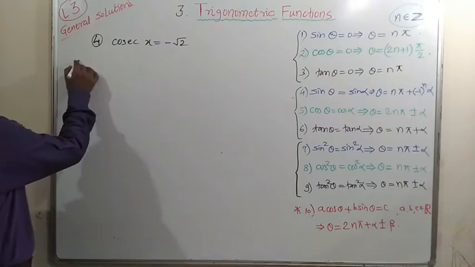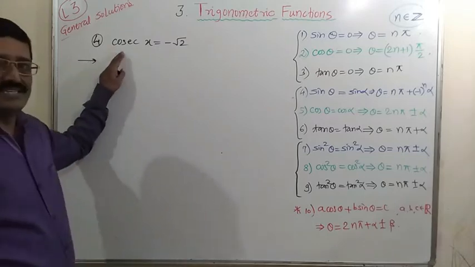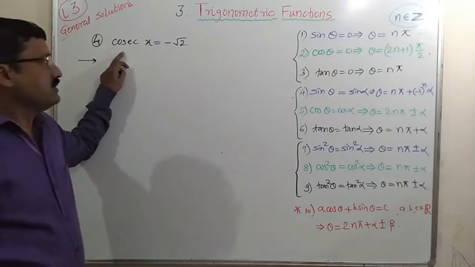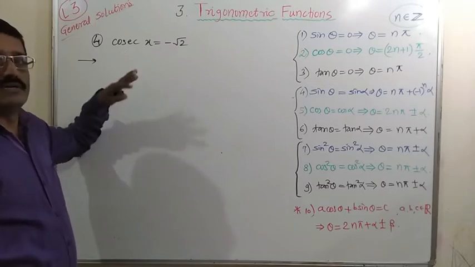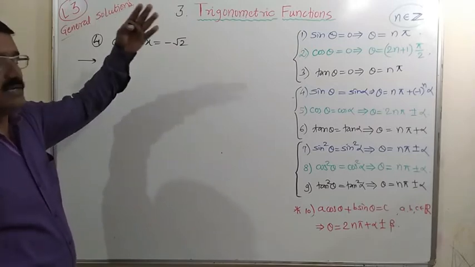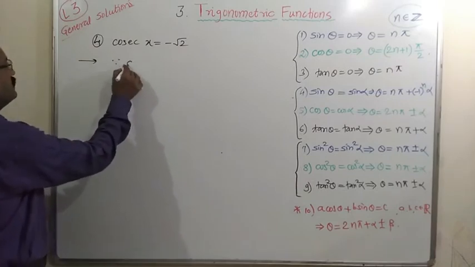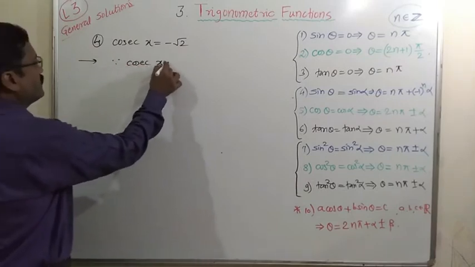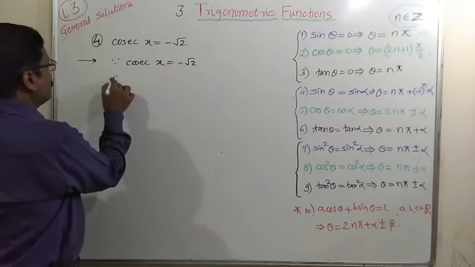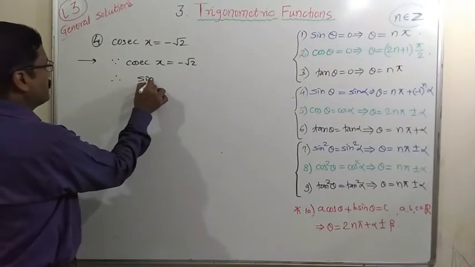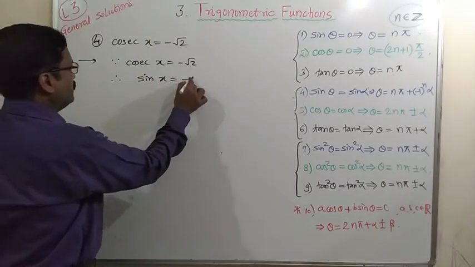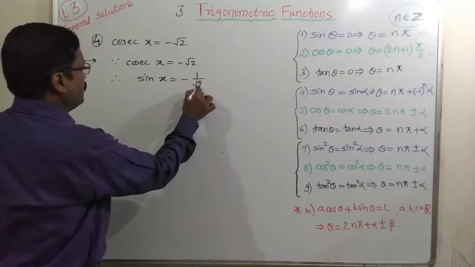what will be our first step. Whenever sec, cosec or cot trigonometric function is given, then we will convert it into corresponding either sine, cos or tan. Here cosec is given. Since given cosec is equal to minus root 2, so from that you can write sine x equal to minus 1 upon root 2.